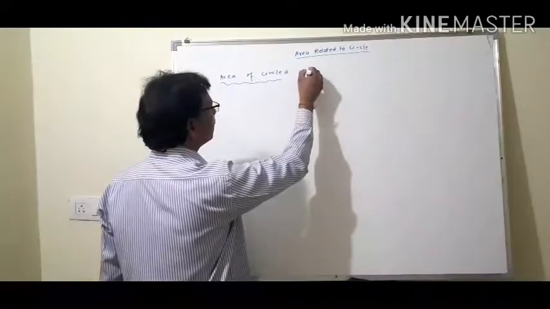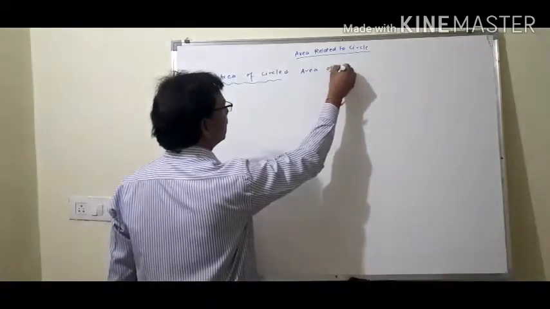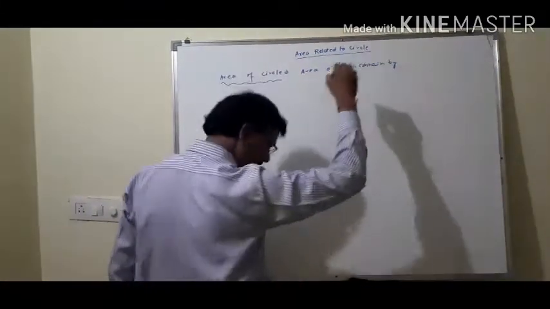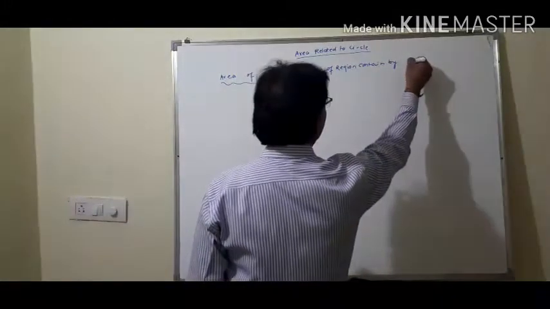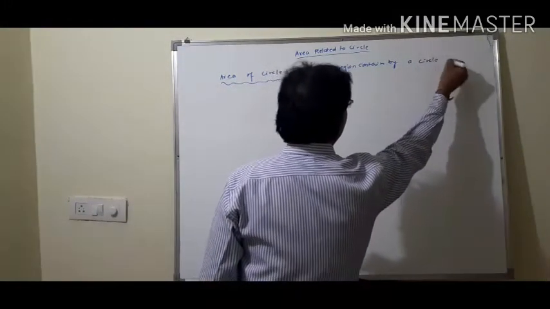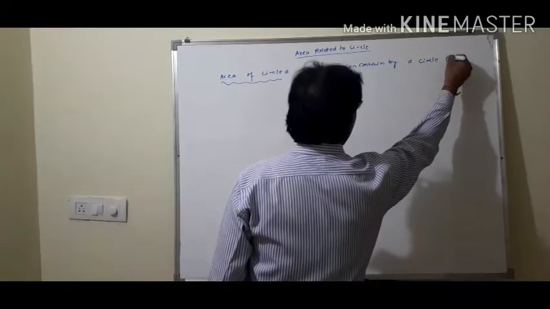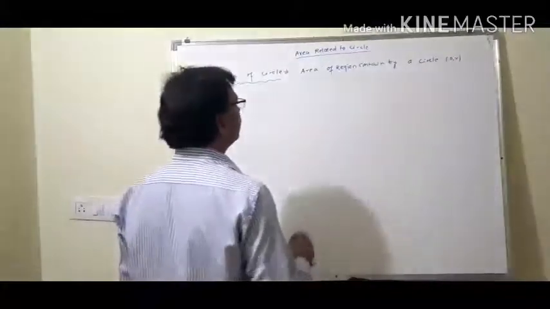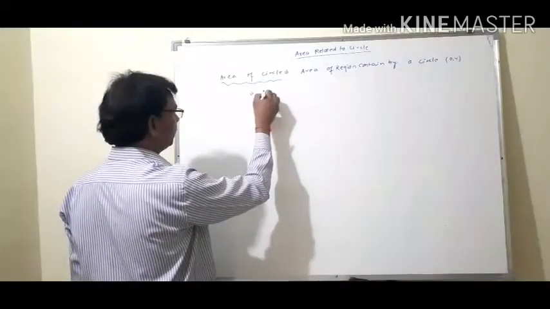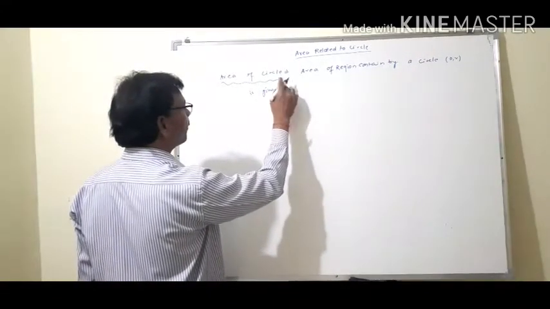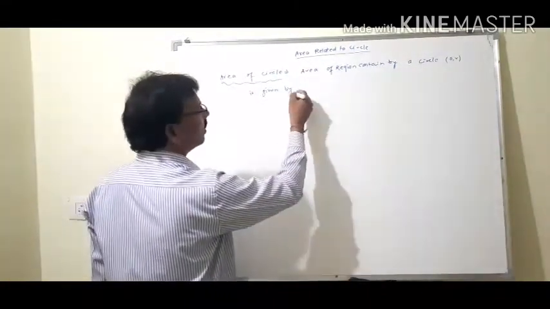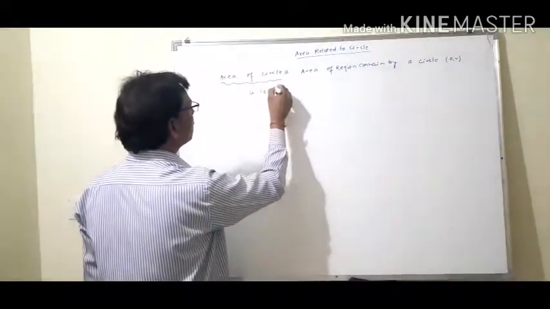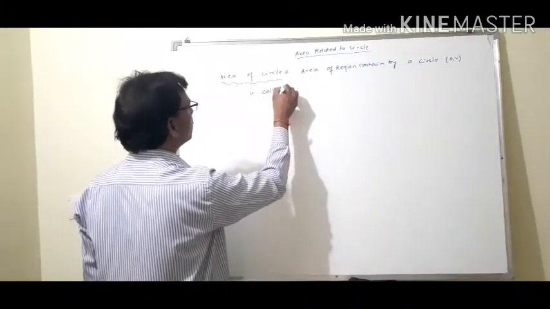The area of the region contained by a circle with center O and whose radius is R is called the area of the circle.